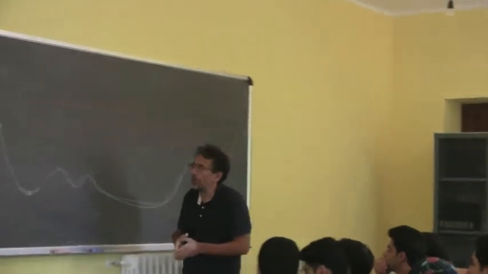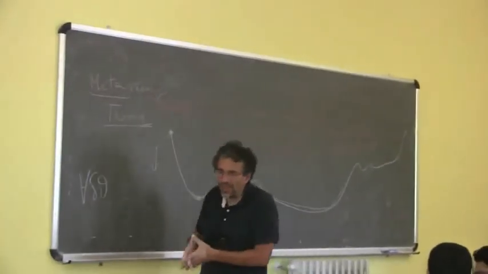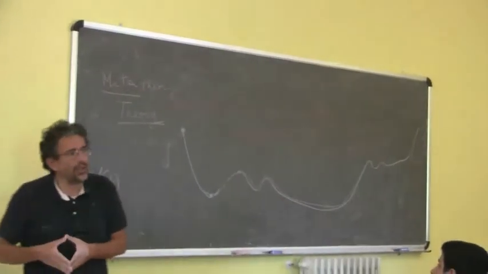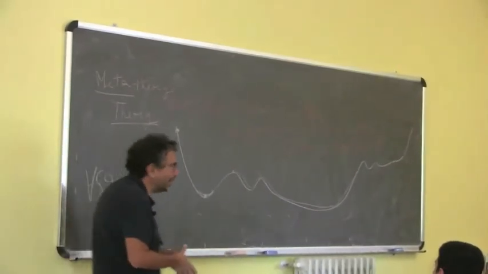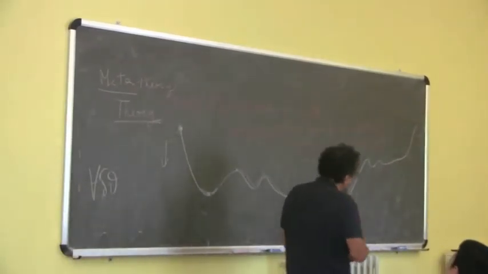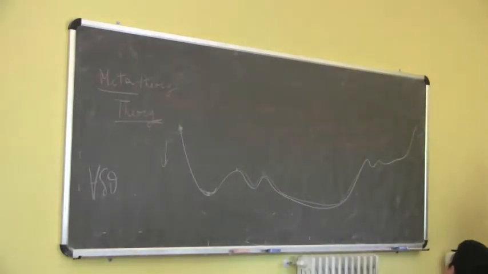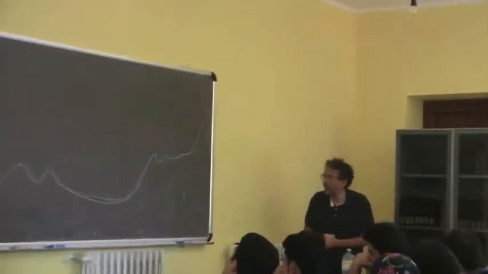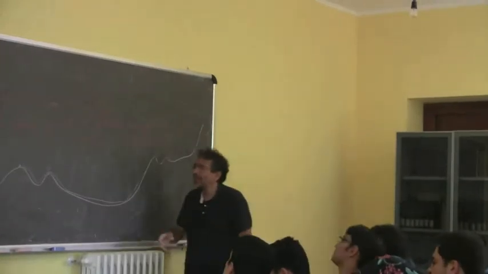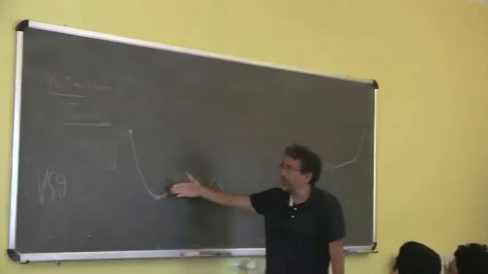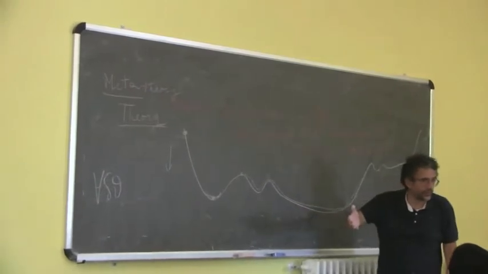Okay? So, the principle of minimum of energy is very useful for finding the equilibrium, the stable equilibrium. Okay, now this is a system with 1 degree of freedom.